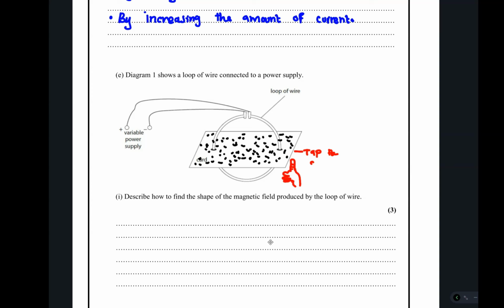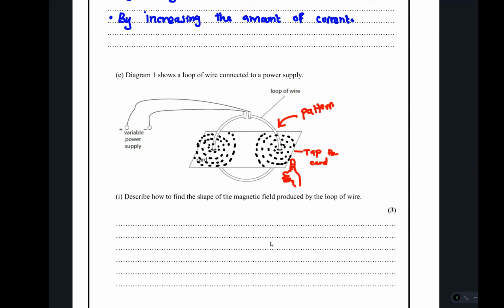Then once you tap the cardboard, these iron filings are going to arrange themselves in a regular pattern. And this pattern now is the one that displays or represents the arrangement of the magnetic fields around this. They are circular, concentric, and they have a very beautiful pattern like that.